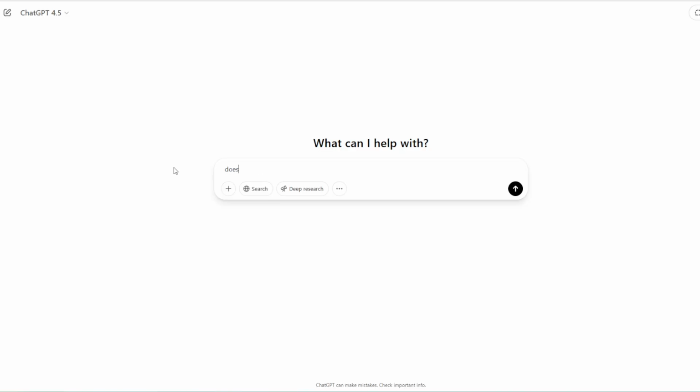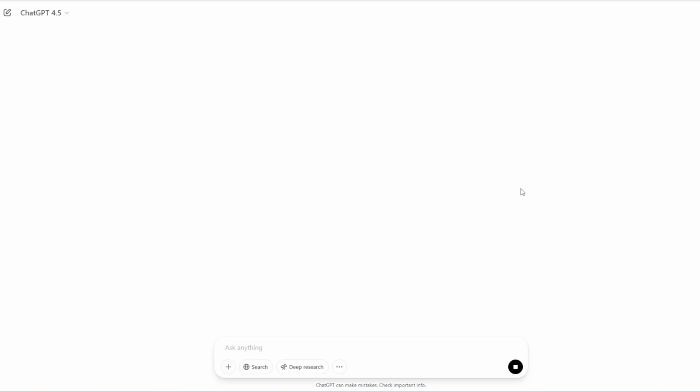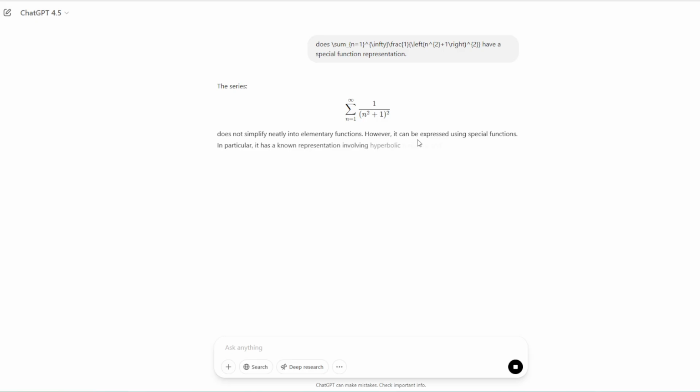It says the series does not simplify neatly into elementary functions.